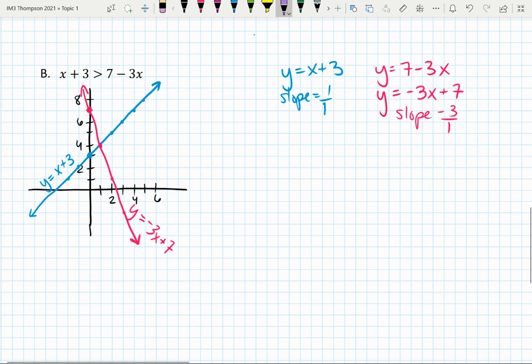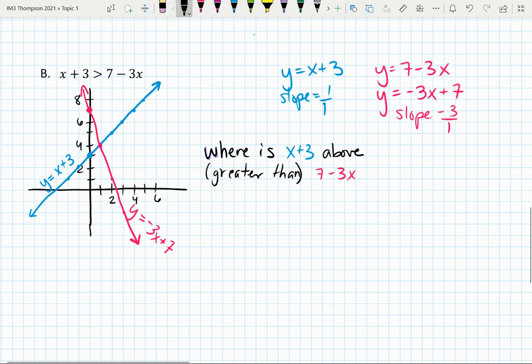And I'm going to write it out so that you've got it in your notes in case you're looking for it later. Where is x plus 3 above or greater than 7 minus 3x? Where is the blue function above, higher than the red function?